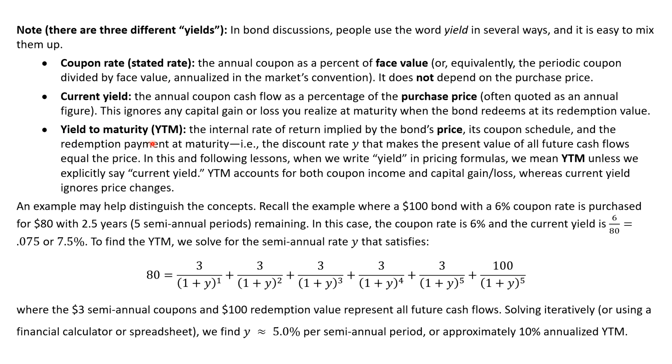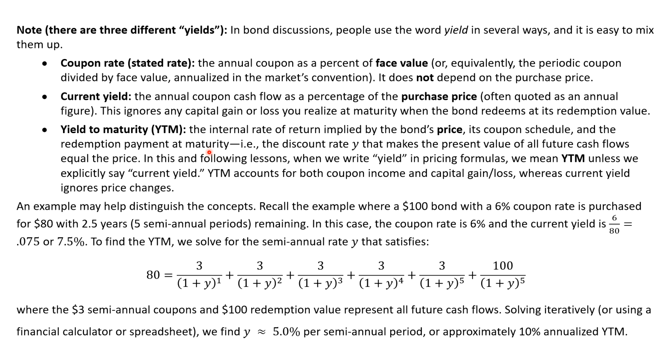And then there's this more complicated expression here, yield to maturity. It's the internal rate of return implied by the bond's price, its coupon schedule, and the redemption payment at maturity, i.e. it's the discount rate Y that makes the present value of all future cash flows equal the price. All right, so that's quite a mouthful, but hopefully the example will make it a little bit clearer.